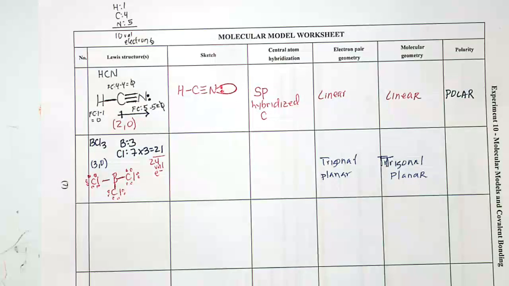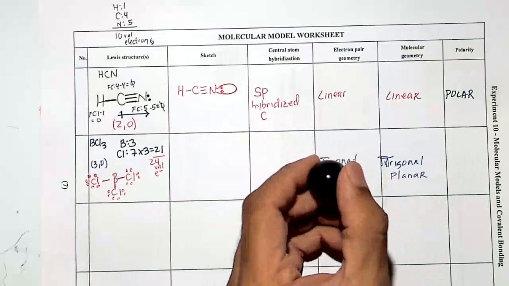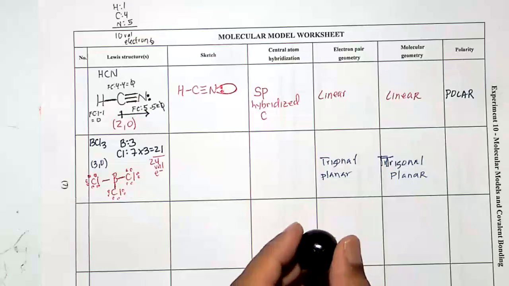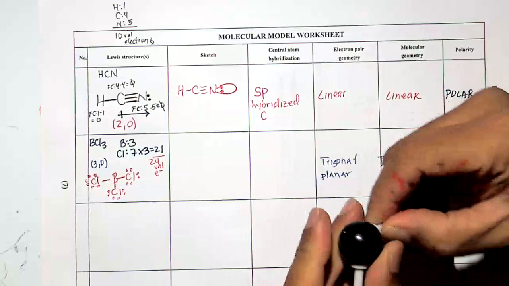Okay, so let me see here. I'm going to see 3. Three bonds, and so this one that I have, you may not have it. This one seems to have 3, so I'm going to put a single bond here. I'll put a single bond here.